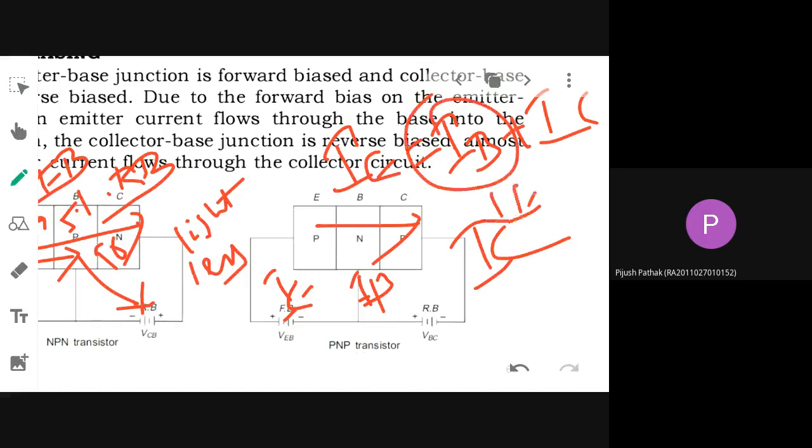Only 5% current contribution. The remaining 95% will be what current?